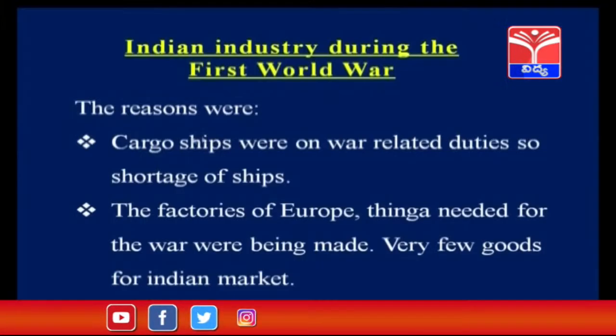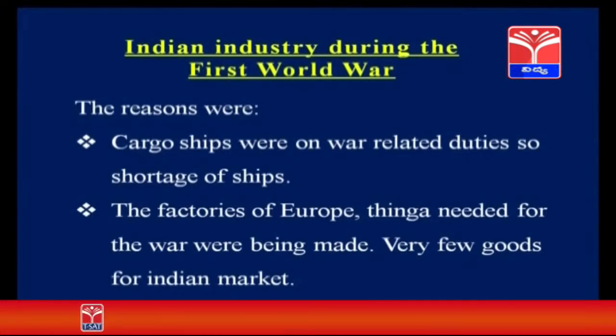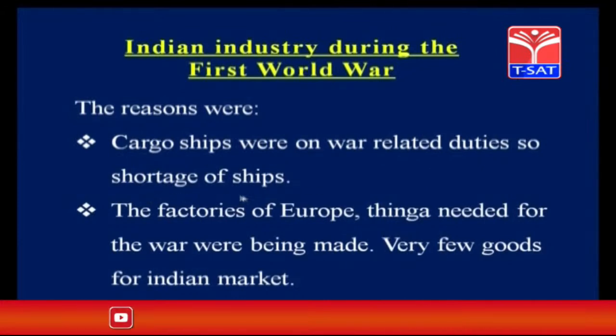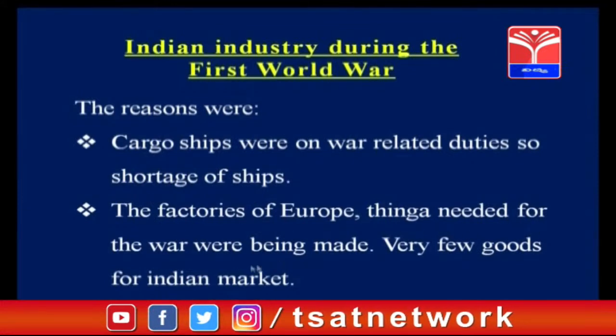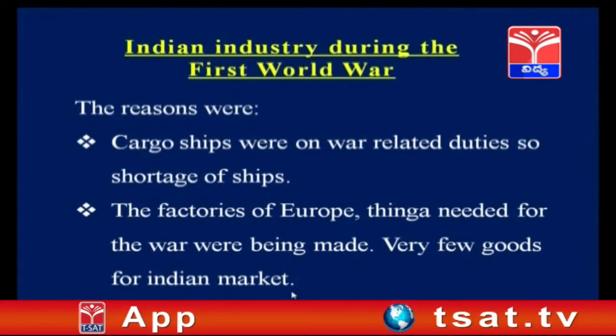See the reasons here. Ships that carry products from one country to another are known as cargo ships. These cargo ships were on war-related duties, so there was a shortage of ships. And the factories of Europe were making things needed for the war, and very few goods for the Indian market.